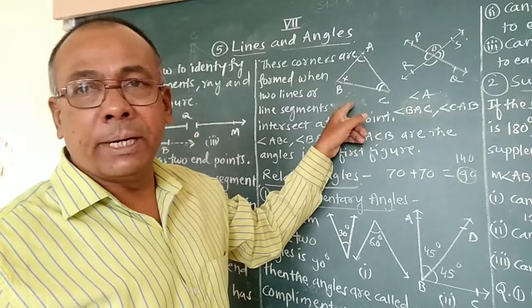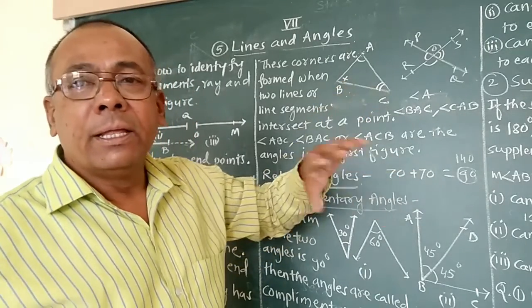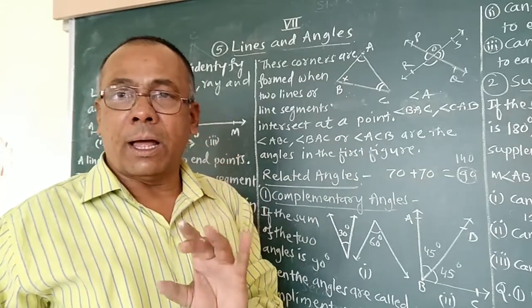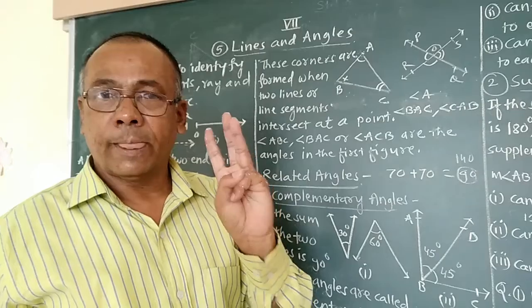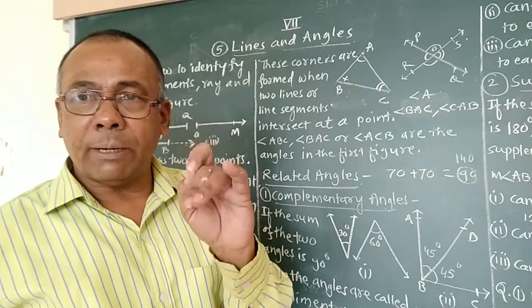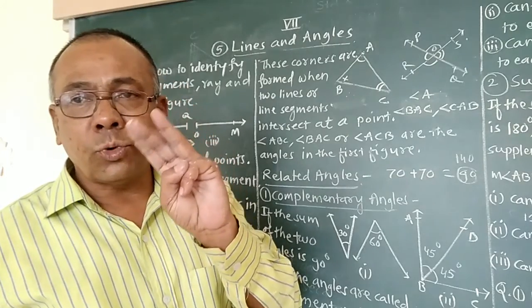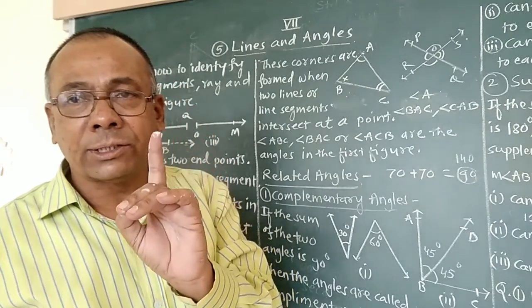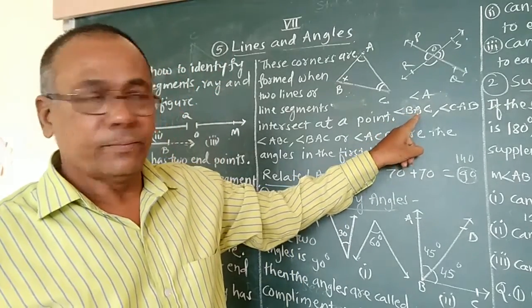Here B is the middle letter and therefore it is angle B. आपण अँगल हा एका लेटरनं किंवा तीन लेटरनं दाखवू शकतो. परंतु जो अँगल आपल्याला दाखवायचा आहे तो तीन लेटरनं दाखवताना त्या अँगलचं नाव हे मध्ये आलं पाहिजे. म्हणजे जसं या ठिकाणी ए.